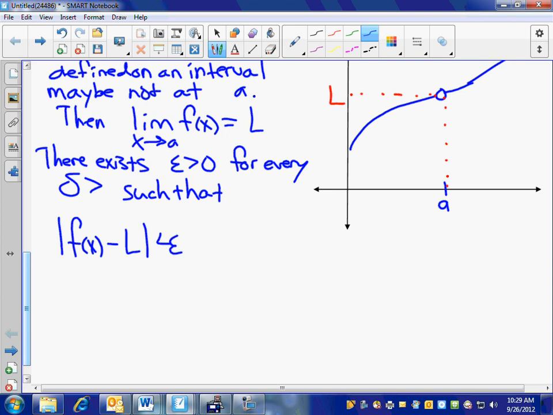What this means is the distance of f of x from the limit, so how far we are from the limit. That's your epsilon value. So I can now draw this portion. This would be your limit plus epsilon, if you don't have that yet. And then I would draw a spot below it, which would be the limit minus epsilon.